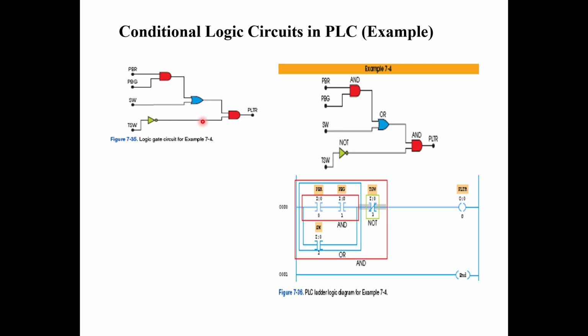This is the AND, this is OR, and this is AND. So basically AND going with a NOT as an OR condition, and then you have this another AND condition. First, and then you have SW as an OR. The output of the OR goes to this TSW NOT as an AND condition. So this is how the system works.